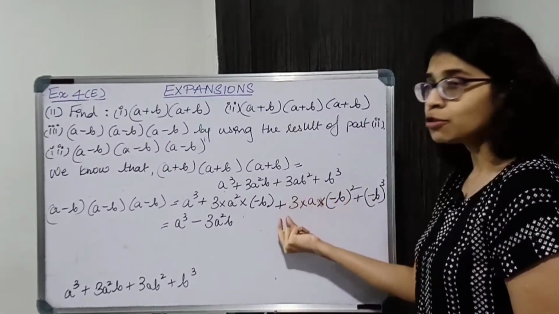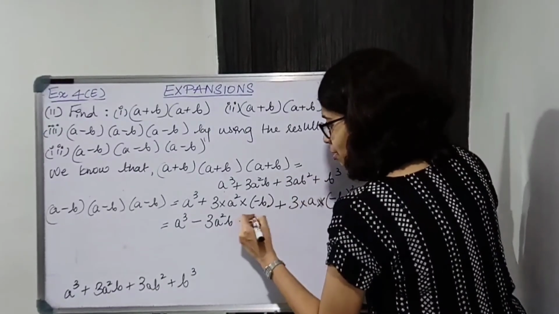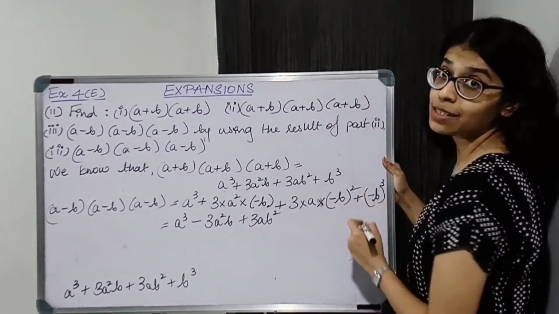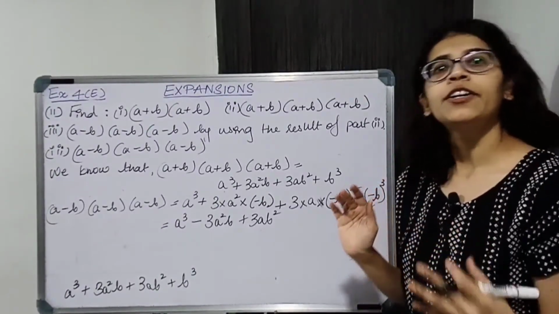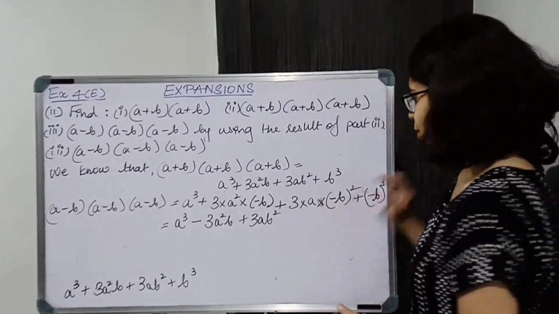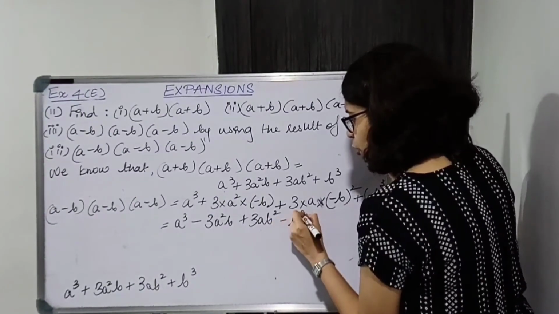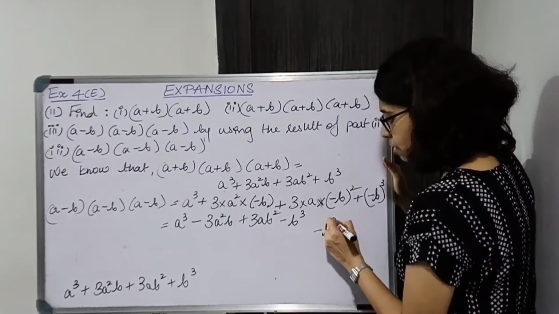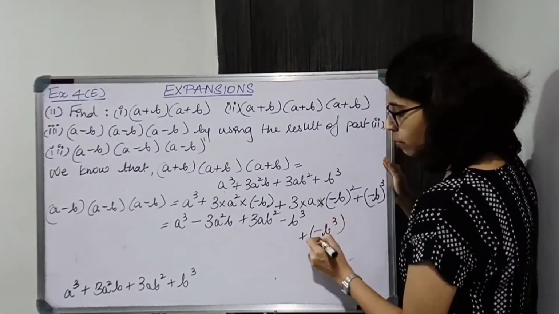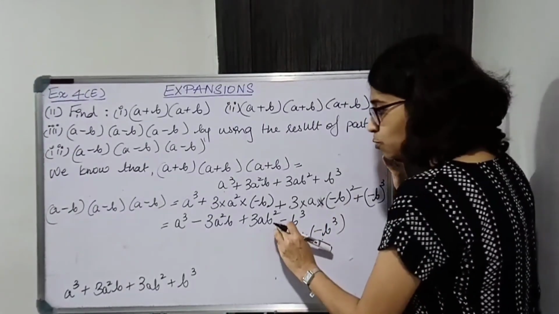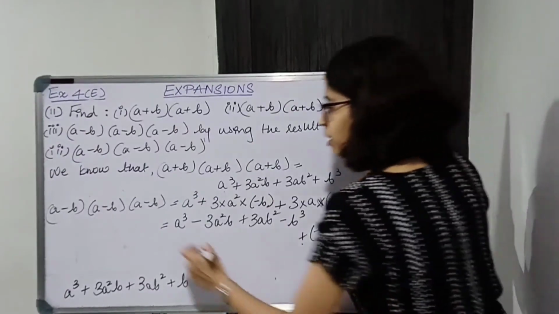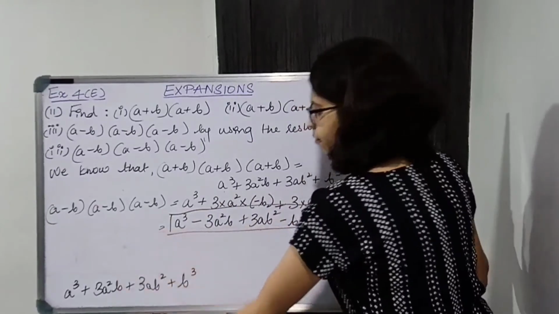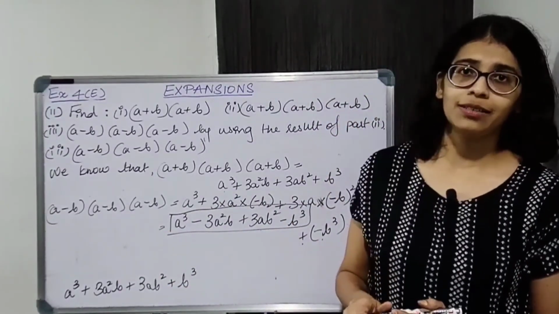So plus into plus will give plus 3AB square, plus minus B cube. Cube of a negative number is always negative, so this will be minus B cube. So plus into minus B cube is minus B cube. Okay, so we got the expanded form. Box this or underline this.